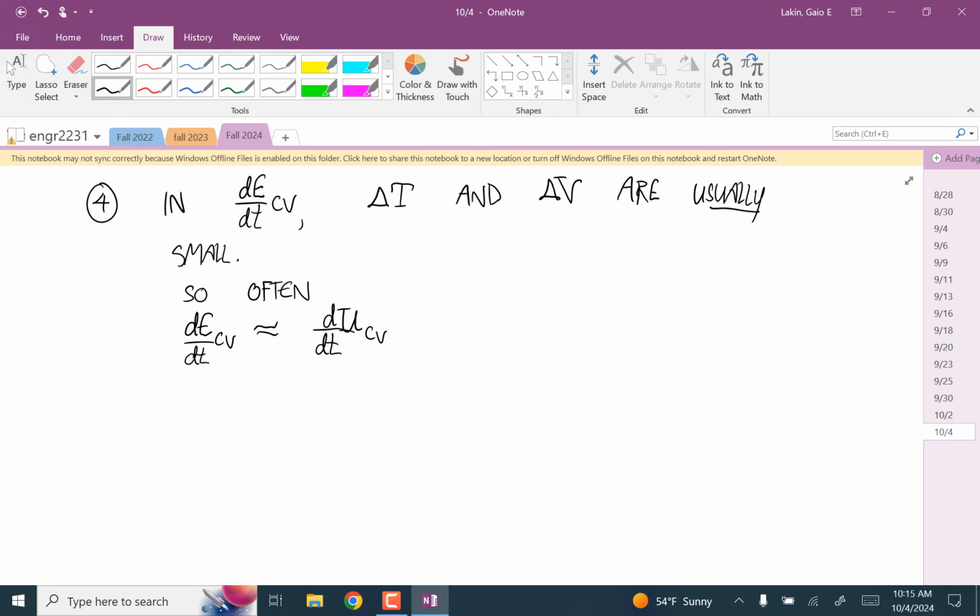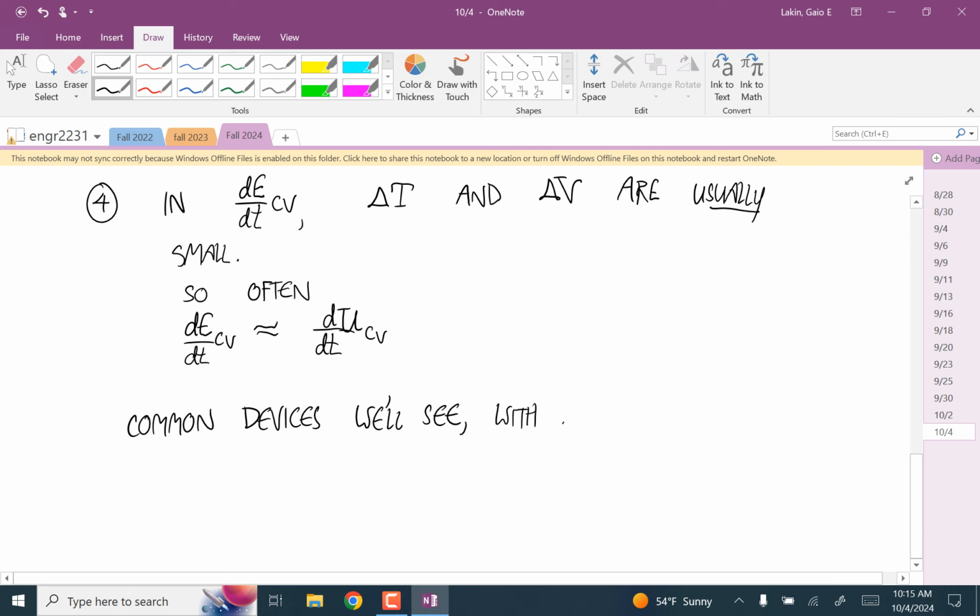So here are the common devices we'll see with their most common simplifications.